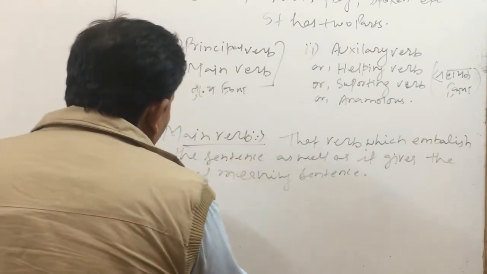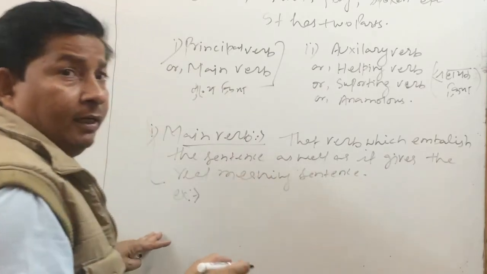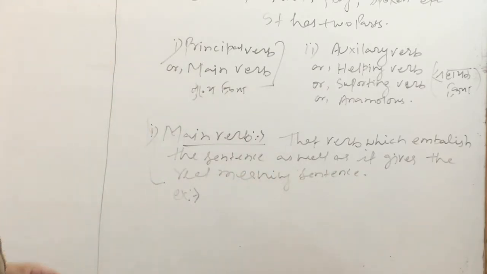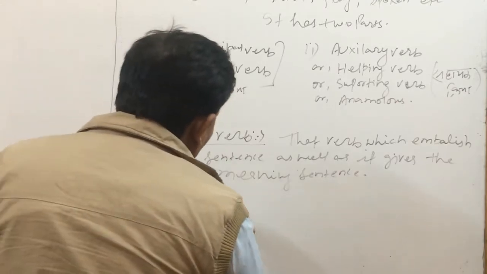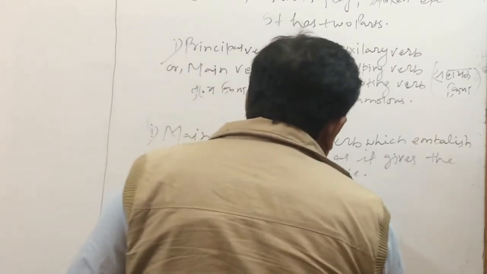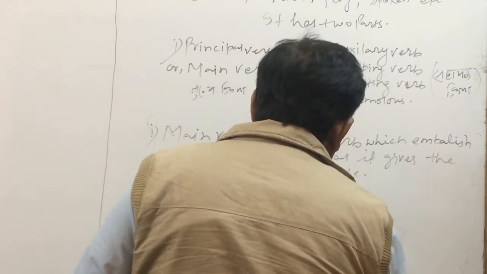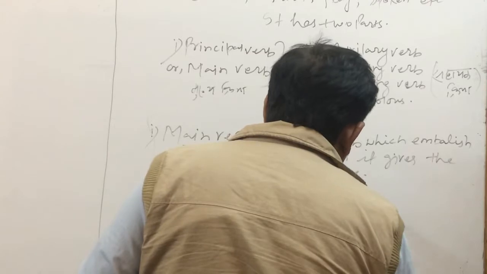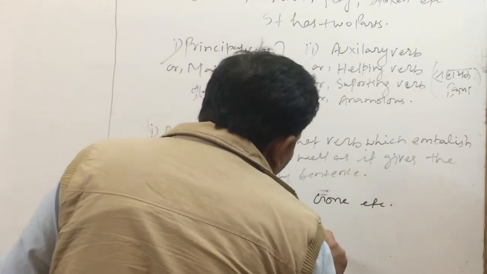See? Now the example, look at here. Here the example is present for that. See, go, we can say went, we can say gone, etc.